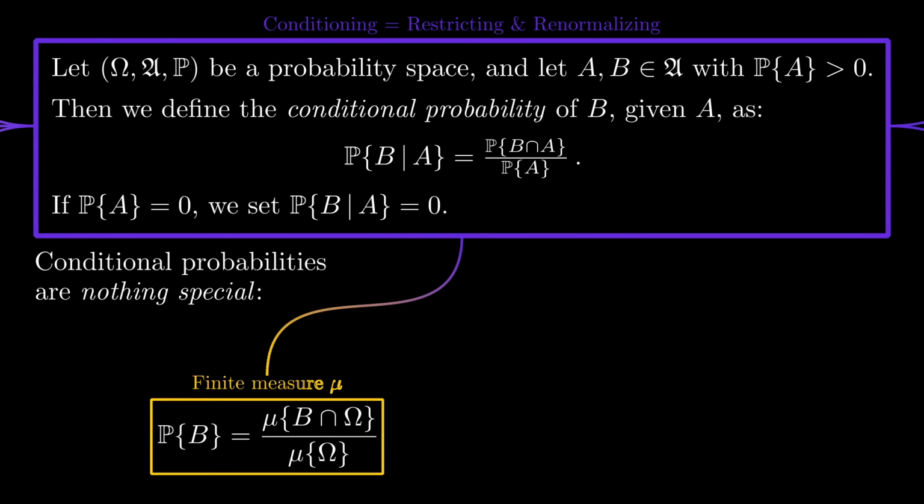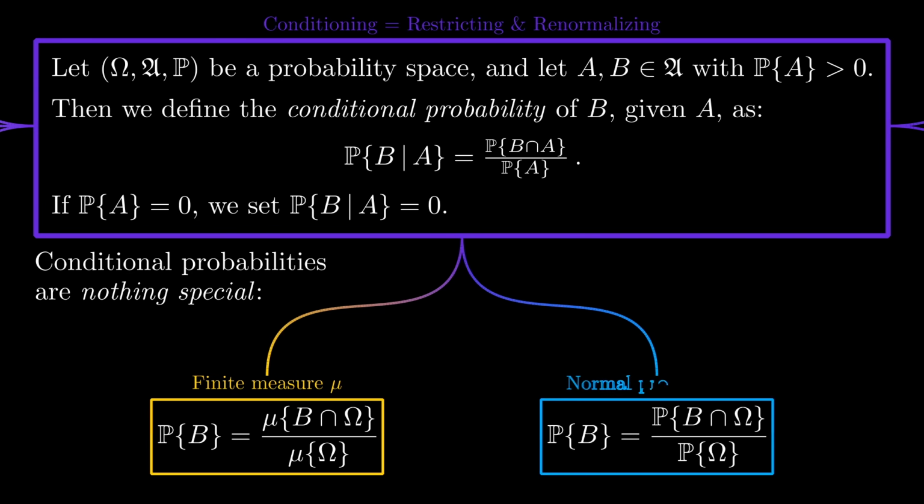We simply normalize this finite measure to yield a total mass of 1. And it is actually also exactly the same as when we compute a quote-unquote traditional probability, just that you do not see it directly, as everything is already normalized.